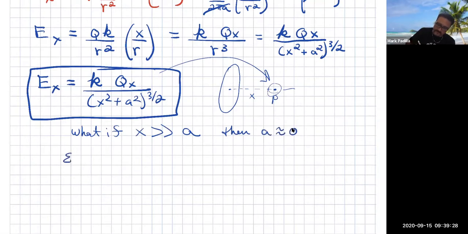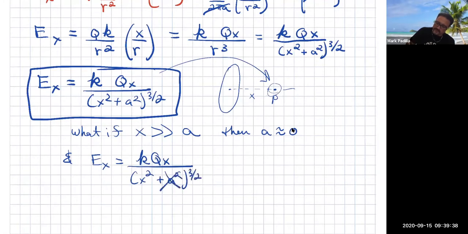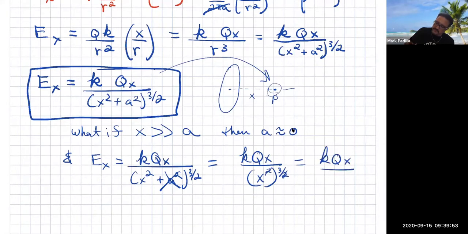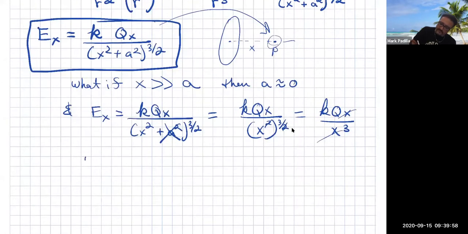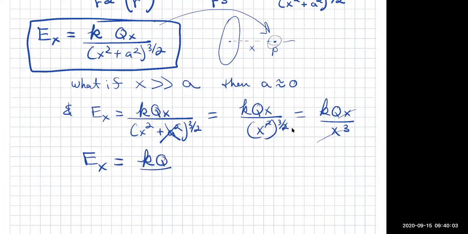E_x is equal to k q x over x squared plus a squared to the 3/2. A goes to 0. What do you have? k q x over x squared to the 3/2. The 2's cancel out, and then I get k q x over x cubed, the x's cancel, and E_x is k q over x squared. Go back to the line.